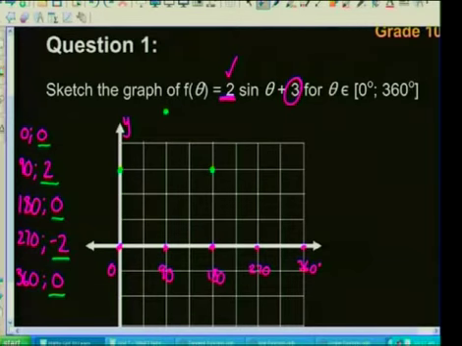Now minus 2 plus 3 is going to put me at point 1 over there. And then 360 and 0, adding 3 to that is going to give me 360 and 3.